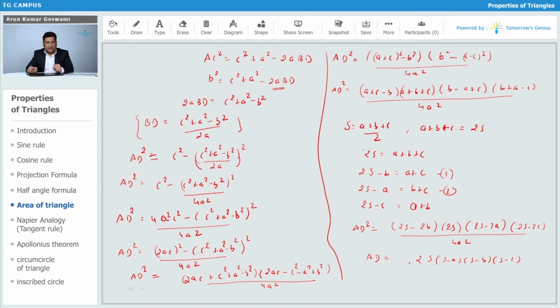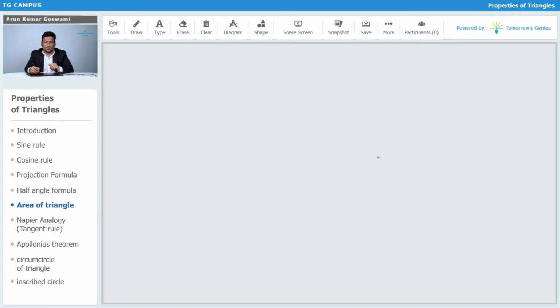If I take AD under root of this whole thing, it comes as 2 under root of S(S minus A)(S minus B)(S minus C), whole divided by A.